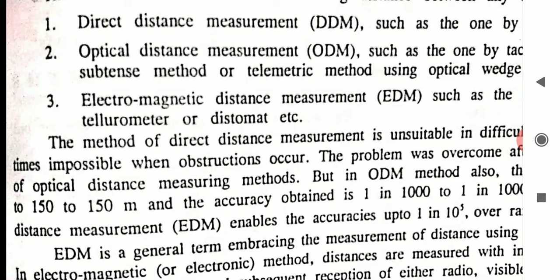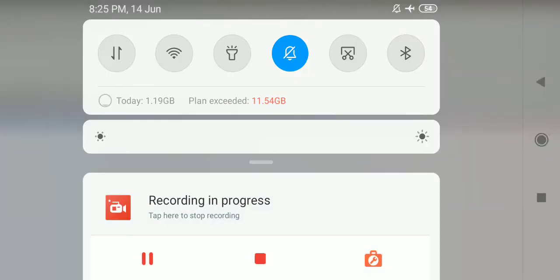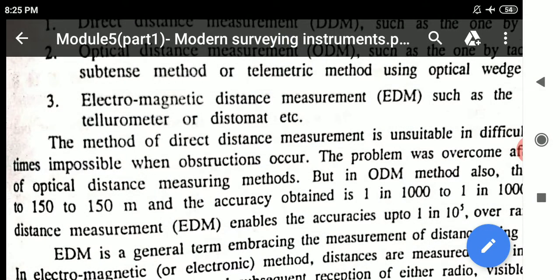Electro distance measurement is a term that embraces the measurement of distance using electronic methods. In electronic methods, distances are measured with instruments that rely on propagation, reflection and subsequent reception of either radio waves, visible light or infrared rays.